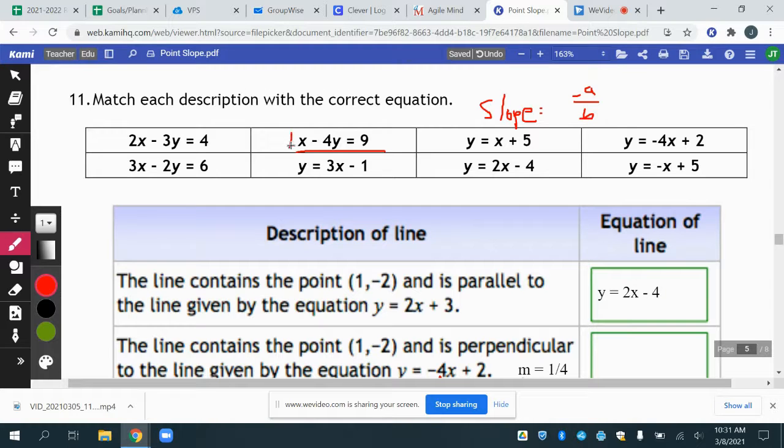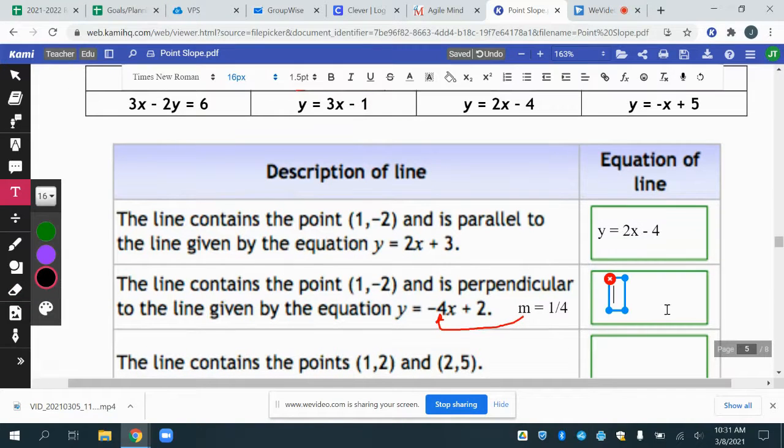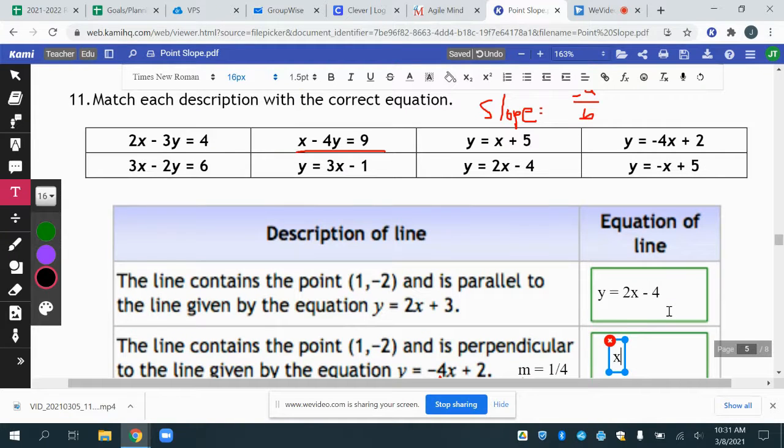That's negative 1 divided by negative 4, and that makes 1/4. So I'm not even going to bother to check. It's the only one that's perpendicular. I feel pretty confident that it works. So I'm going to type in x minus 4y equals 9.